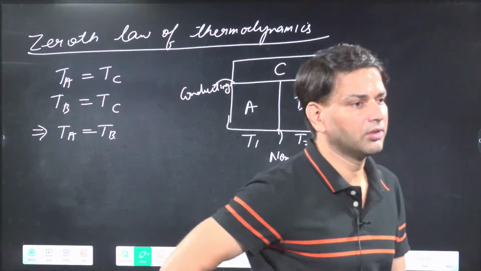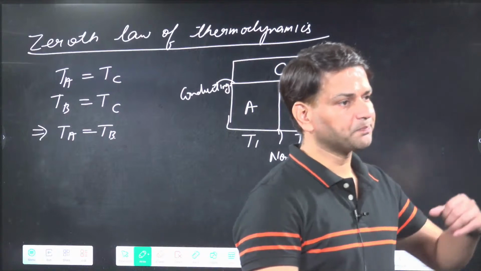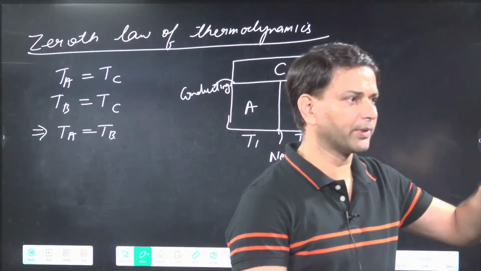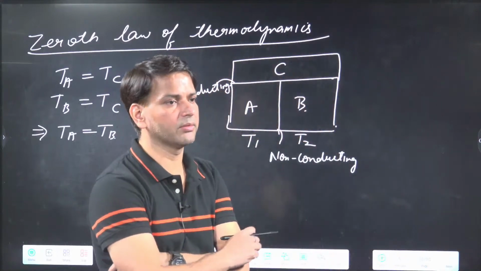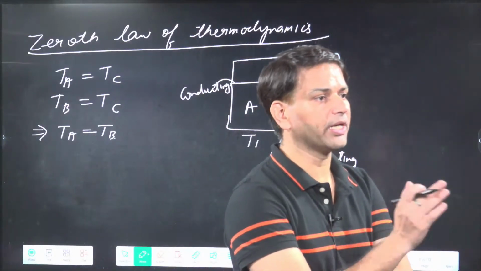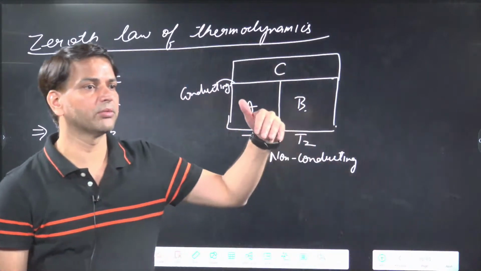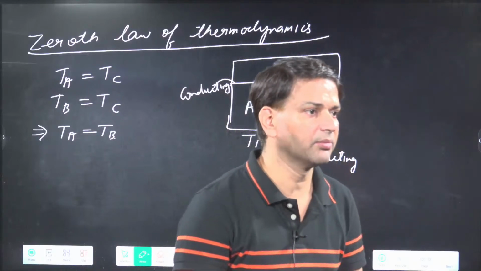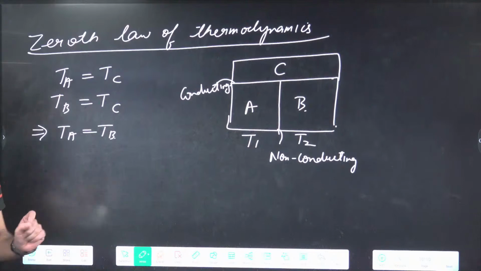So if two different bodies are in thermal equilibrium with another body, then both bodies will also be in thermal equilibrium with each other. Understood? You have to remember the statement.